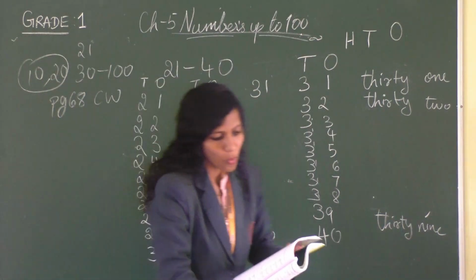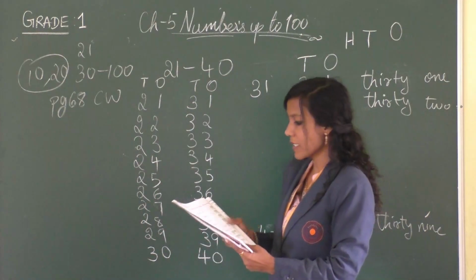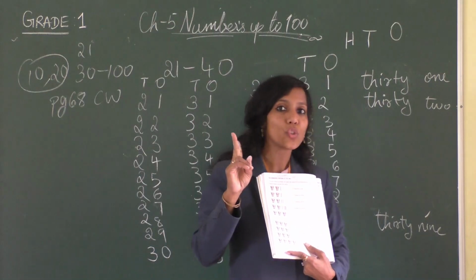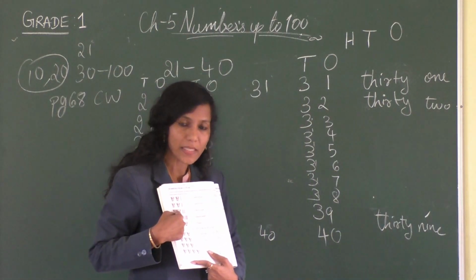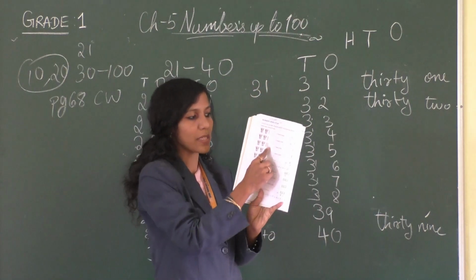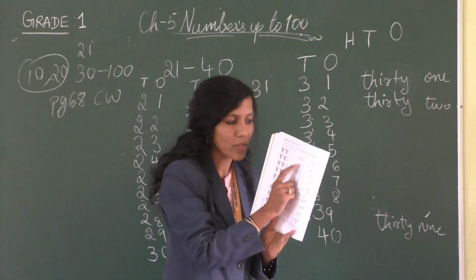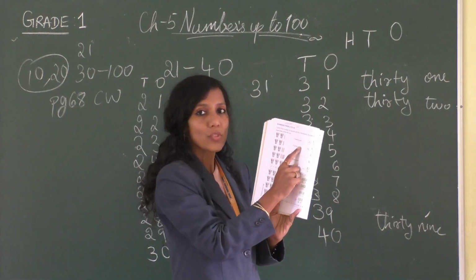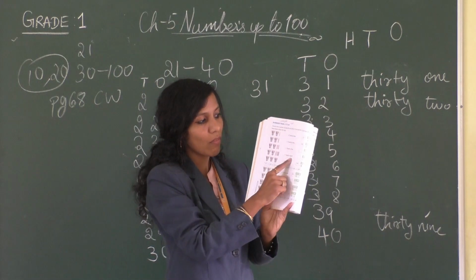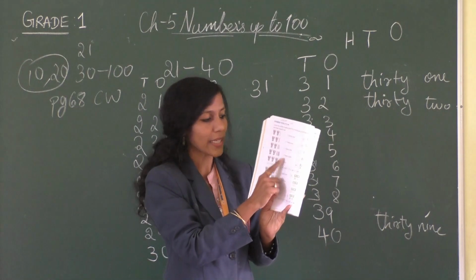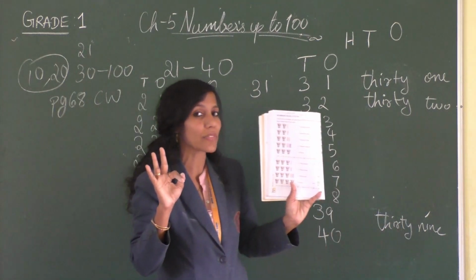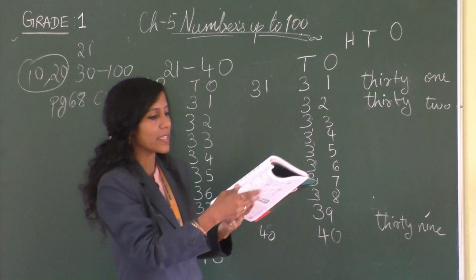So when we come to this page 68, they have given 2 bundles of color pencils with different single numbers. They have written the name also. First one 21, 22, next one they have put as 25, fourth one 28, and last one they have given 3 bundles of 10. 3 bundles of 10 would be 30, right?